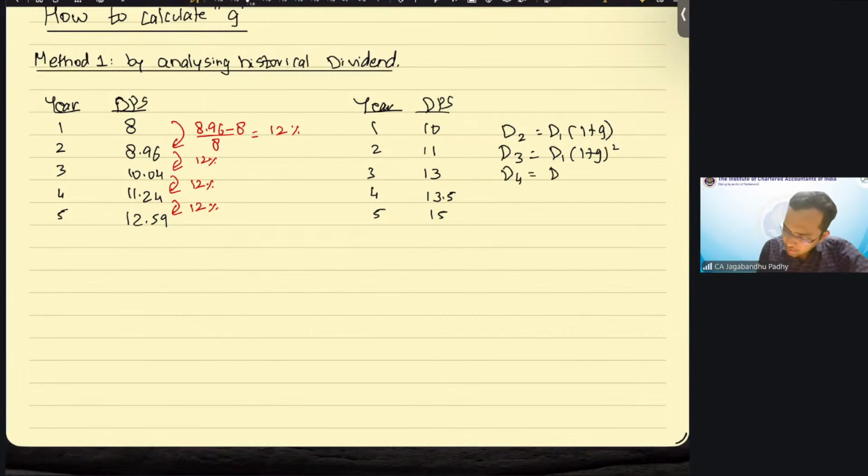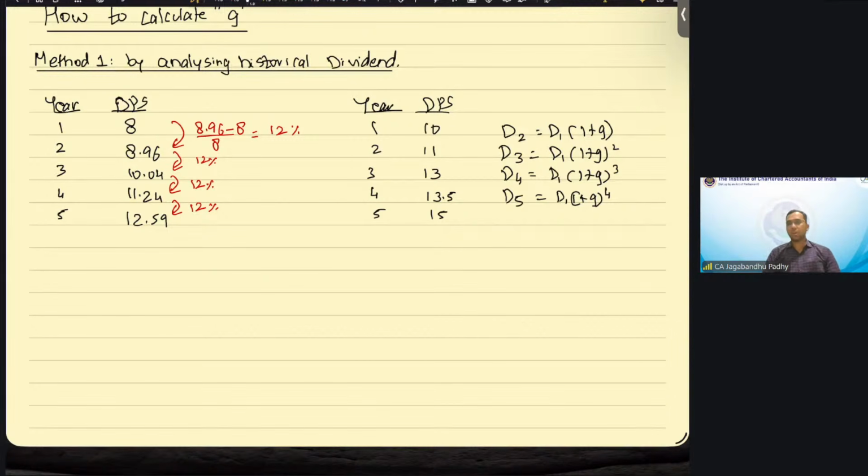D4 will be D1 into 1 plus growth raised to 3. And D5 will be D1 into 1 plus growth raised to 4.